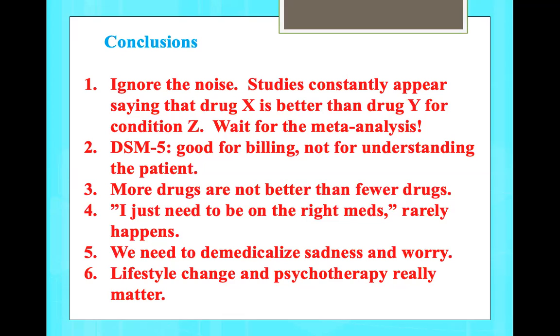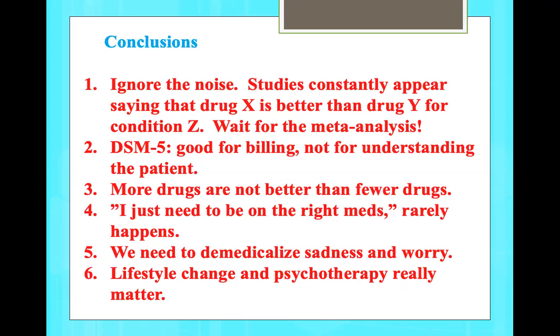Sadness. What are we going to do about sadness? Well, again, serotonin. So we start with serotonin. We might start with fluoxetine. And if that doesn't work, we might try another medication in that class. If that doesn't work, we might switch classes.